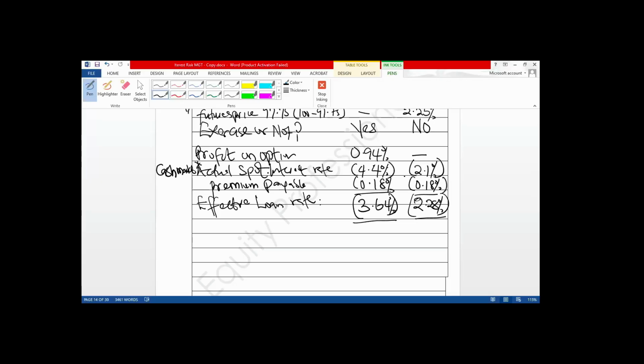What happens in the cash market is only your actual borrowing rate, plus the premium you paid, then less the profit you achieve on the option.